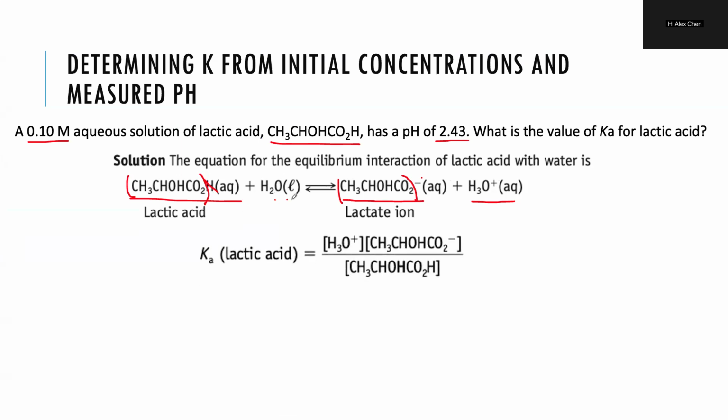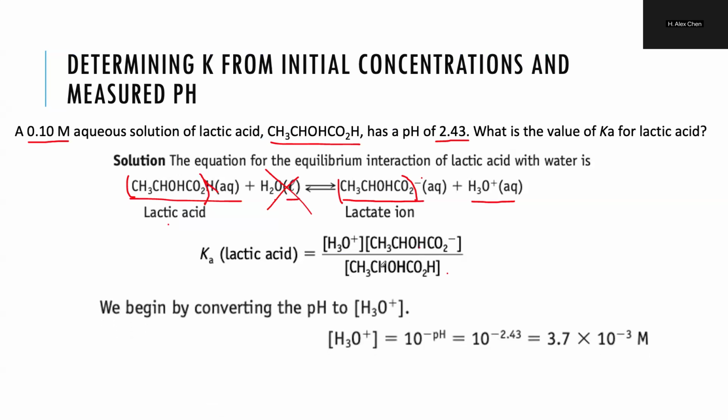Then I'm going to write my equilibrium expression. Because water is a liquid, I don't consider water. So I have the two products in my numerator, and I have the reactant, the lactic acid, in my denominator. Then I'm going to convert pH to H3O plus concentration. 2.43 equals negative log of H3O plus.